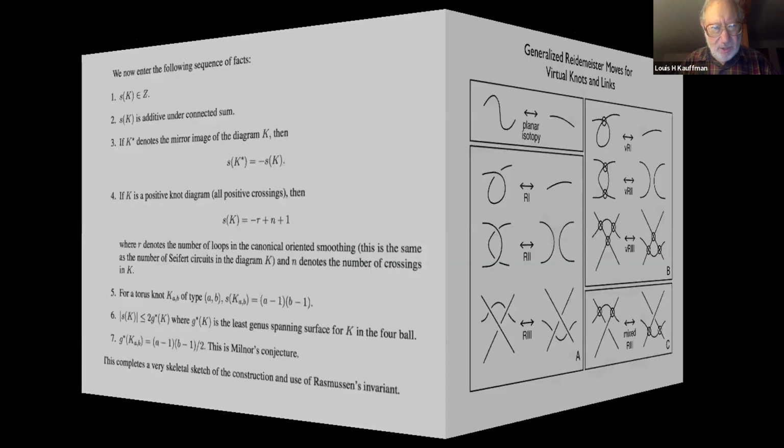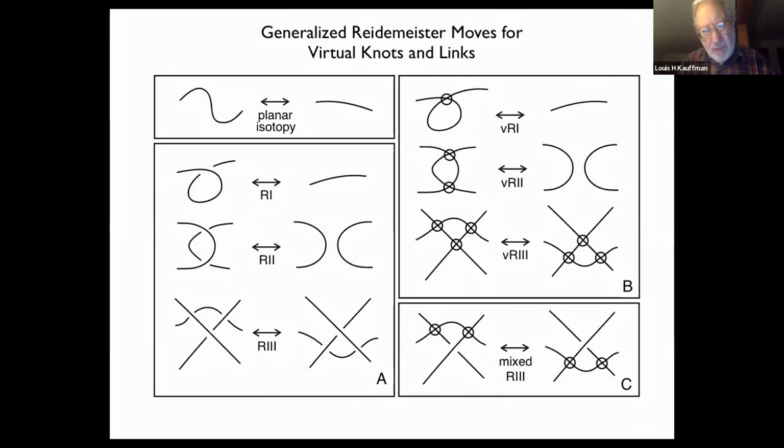Okay, so now I want to talk about quickly virtual knots and links. And so you may recall that virtual knots and links can be defined diagrammatically by adding a new crossing, which is neither over nor under, which satisfies rules which say that it really is just connecting points to one another, and otherwise it's not over or under, it's just a connector.